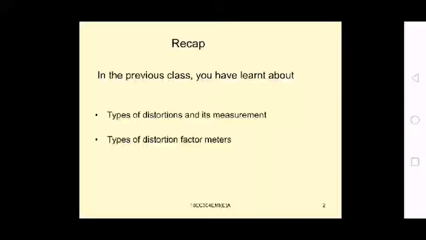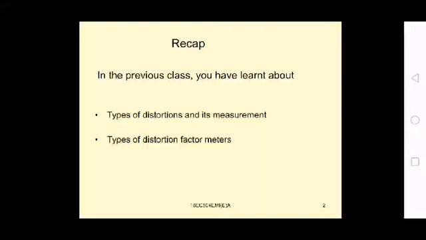We calculate b2 by b1 first, the distortion caused by the second harmonic, then the third harmonic: d2 equals b2 by b1, d3 equals b3 by b1, d4 equals b4 by b1, where b1 stands for the amplitude of the fundamental sinusoidal signal component, and b2, b3 are the respective amplitudes of the harmonics, up to bn, the nth harmonic amplitude.